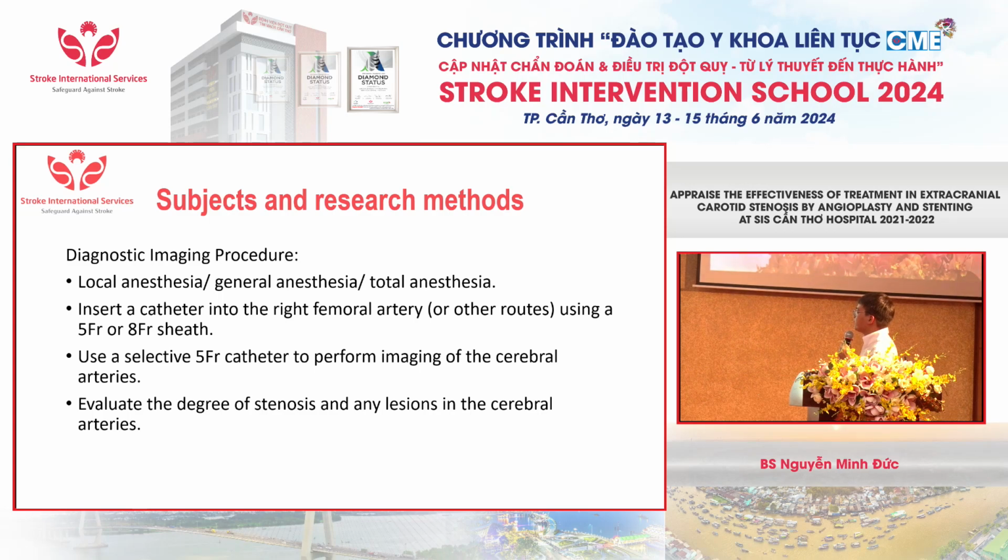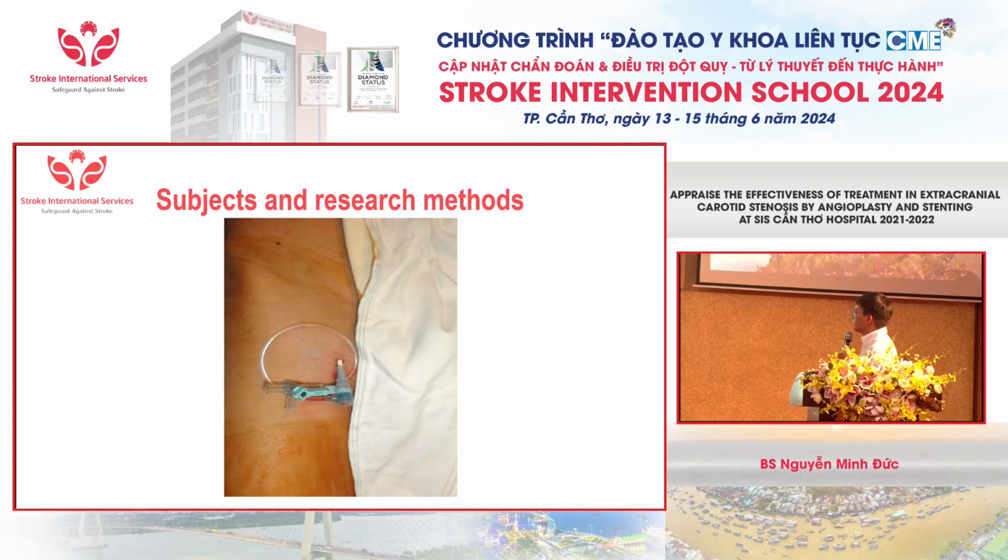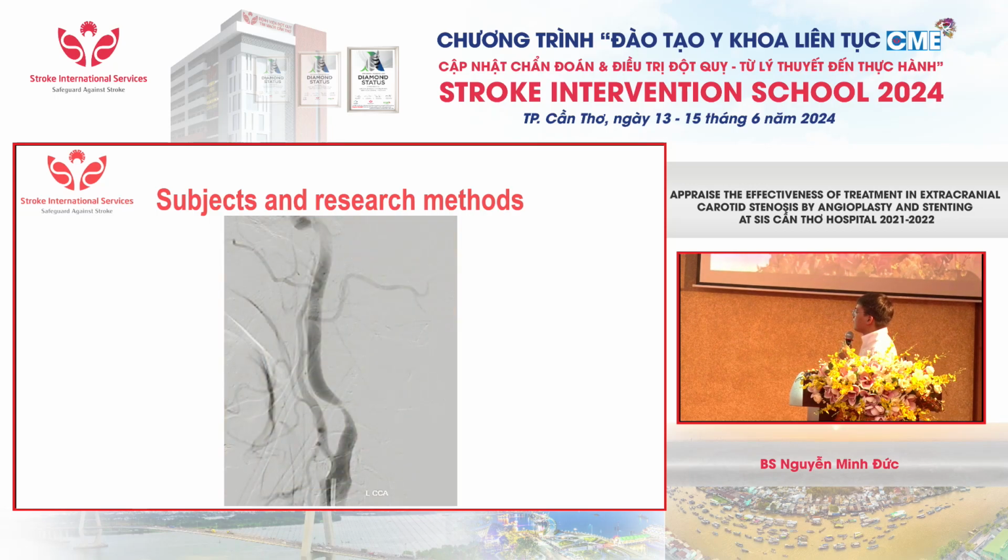We insert a catheter into the right femoral artery using a 5F or 6F sheath, and a selective 5F catheter to perform imaging to make the diagnosis and evaluate the degree of stenosis and any lesion in the cerebral artery. This is the femoral artery, and this is the 8F catheter. After that, we make the angiography.